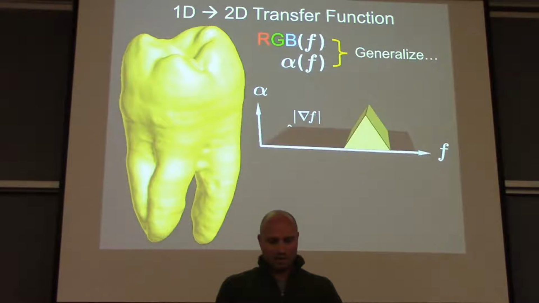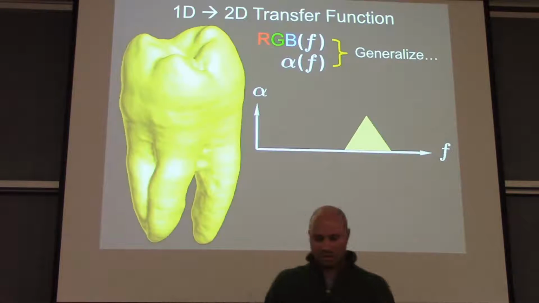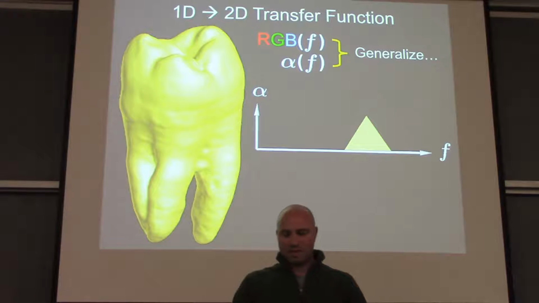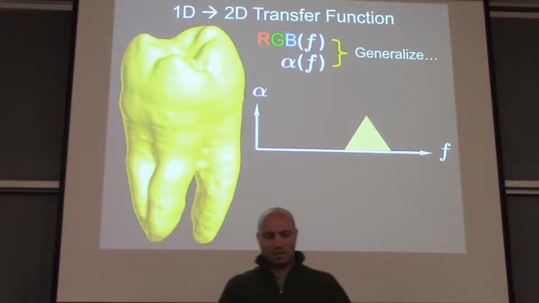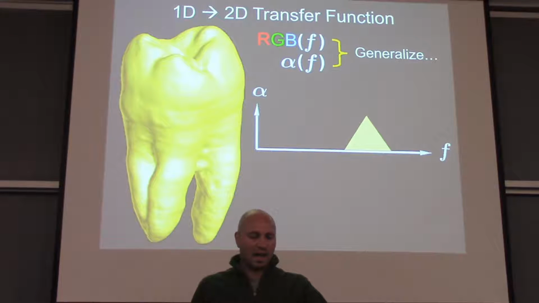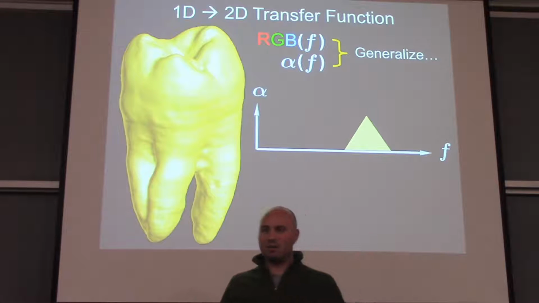Now I'm going to go back quickly to the last slides from the transfer function lecture. And we're going to talk about why to use 2D transfer functions. Well, the idea here is if you have a 1D transfer function and you're looking at something like bone in the tooth, it's fairly easy to look at just that and plot down an isovalue.